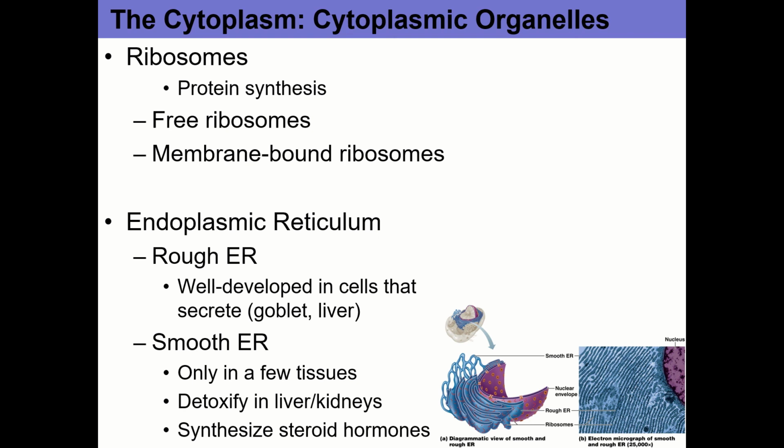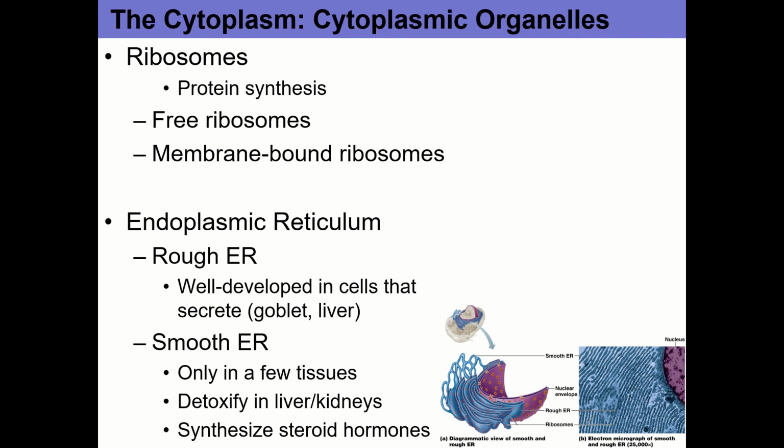And because they're doing that all the time, they have lots of rough endoplasmic reticulum to produce lots of the proteins that help make up mucus. Similarly, liver cells are going to produce bile, which helps us in the digestion of fats. And so they're going to be producing bile fairly consistently, and so again, they're going to have a really well-developed rough endoplasmic reticulum.